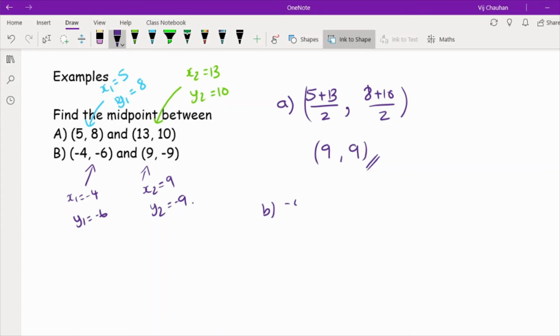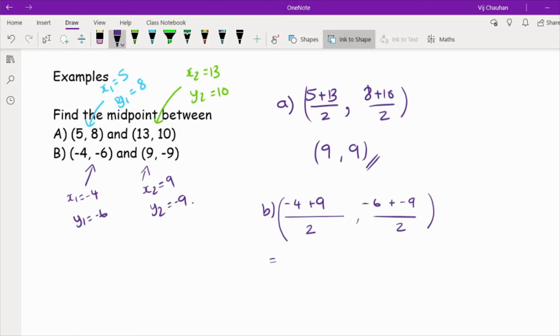And adding our y ordinates together, we've got minus 6 plus minus 9 over 2. Now obviously some of you will be able to work this out without writing it down and go straight to the answer, which is absolutely fine, but be wary when you have negative numbers to remember the laws of adding negative numbers, so you get the signs right for your final ordinates.